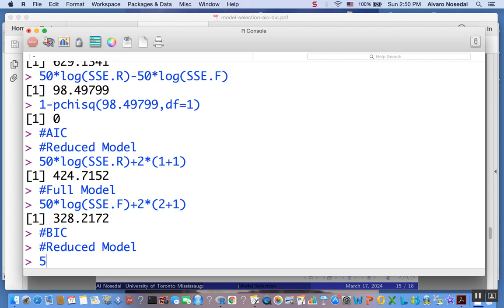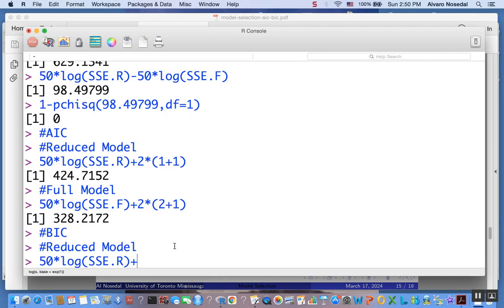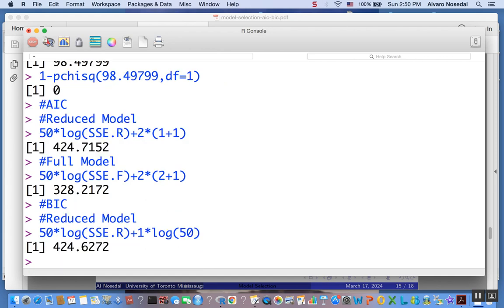It's going to be 50 times natural log of the sum of squares of your reduced model plus, remember that p, the number of parameters for the reduced model, is just 1, times the natural log of n, the number of observations. So 424.62 roughly.